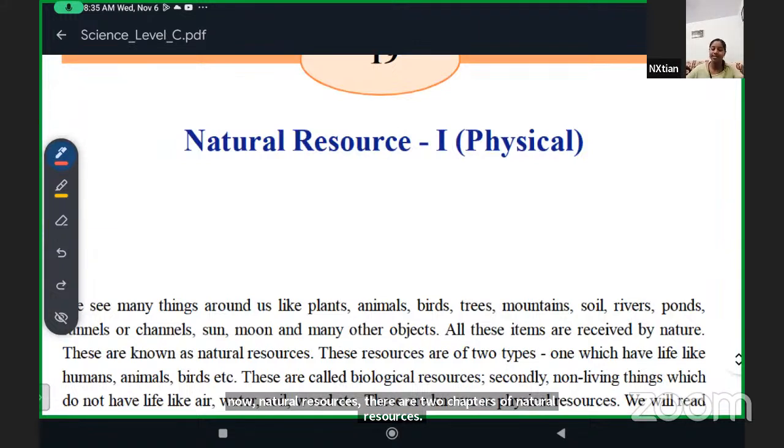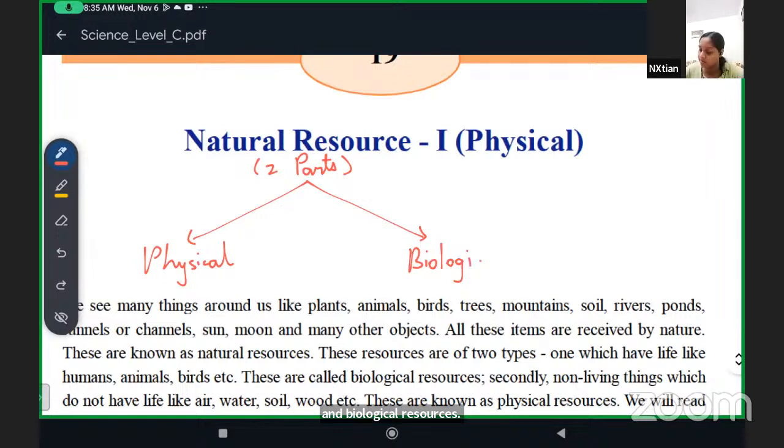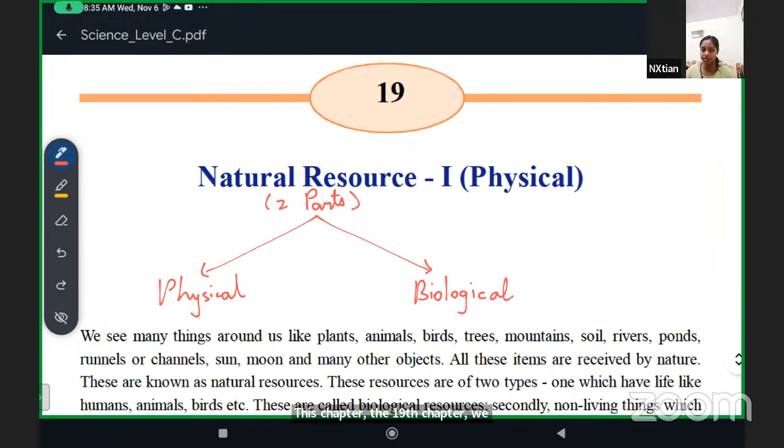Because all the natural resources are divided into two parts: physical resources and biological resources. In this 19th chapter, we are going to talk about physical resources.